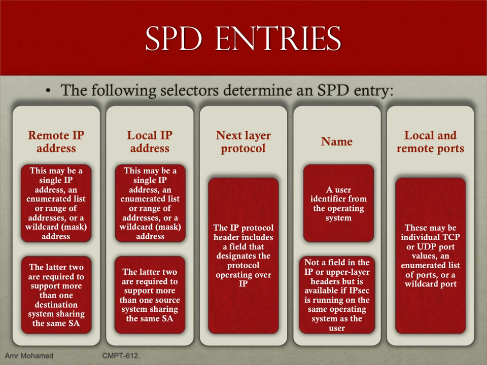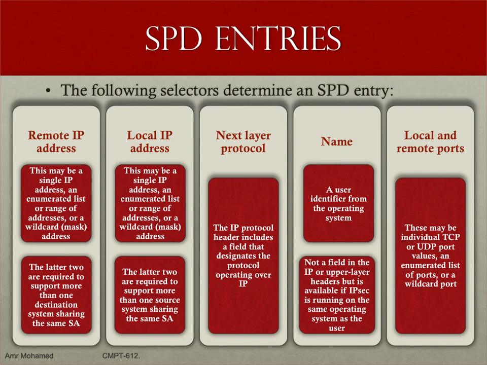Okay. The local IP address, this may also be a single address or a subnet. Okay. Next, the next layer header. So based on the header, all TCP traffic may in fact use that particular security association. All ICMP traffic may be bypassed, for example. Okay, so this is the next header or next protocol header. Type the name here refers to the username.